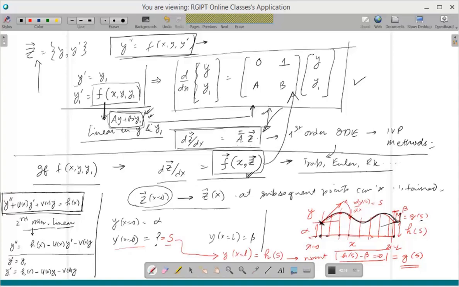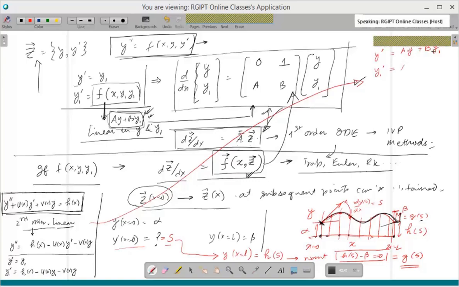So if I take this and write it over here, I have y prime and y1 prime. That would be written as some constant times y plus some constant times y1, that is a1 y plus b1 y1, then a2 y plus b2 y1.